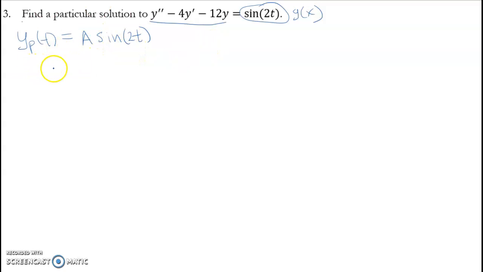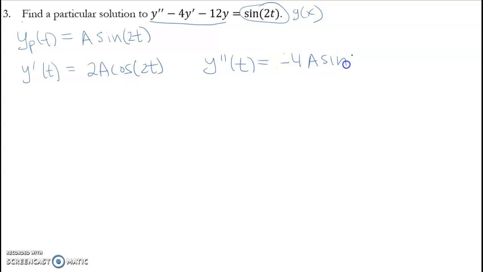If this is our guessed value of y, then let's calculate y prime of t. This is going to be 2a cosine of 2t. And y double prime of our particular solution is going to be -4a sine of 2t.